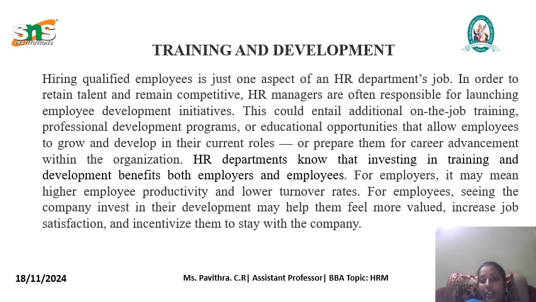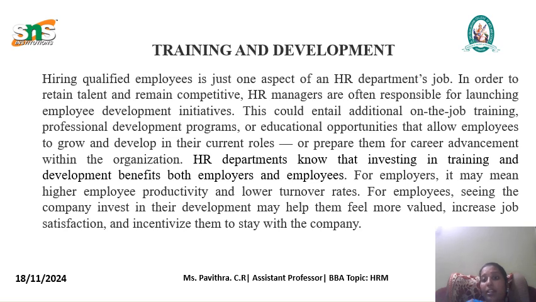This could entail additional on-the-job training, professional development programs, or educational opportunities that allow employees to grow and develop in their current roles and responsibilities, and this would also lead to their career advancement inside the organization.